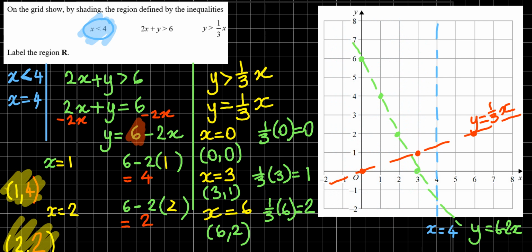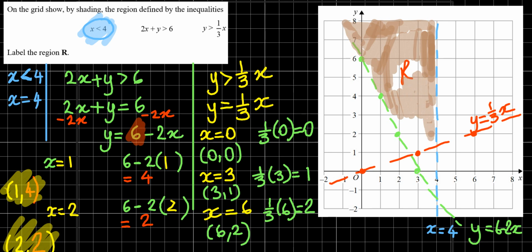I could shade it in to say that's the part that satisfies all 3 inequalities. You don't need to shade it in, but it's helpful. And that's it really. So that section is R.